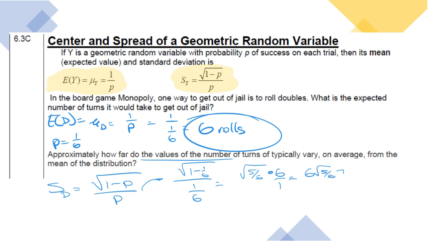And that's about 5.477 rolls. So on our graph, we got this number here. So let's say this is 6. That means our spread is kind of taking up this space here, right? This is how much typically the average distance from the average. That's one way to look at it.